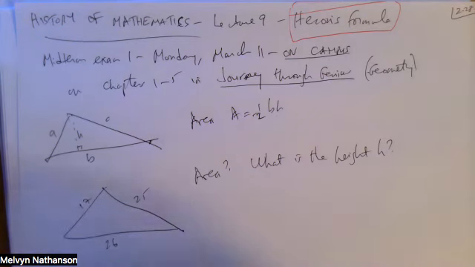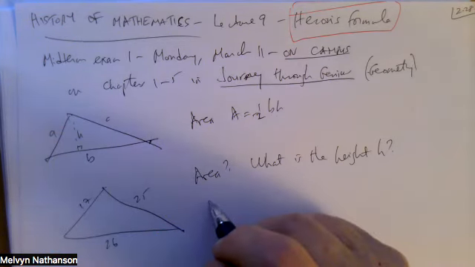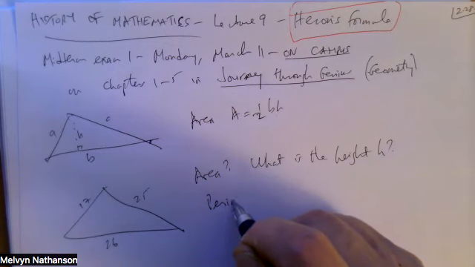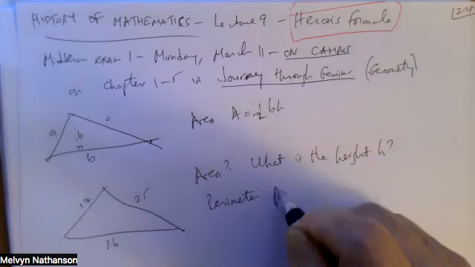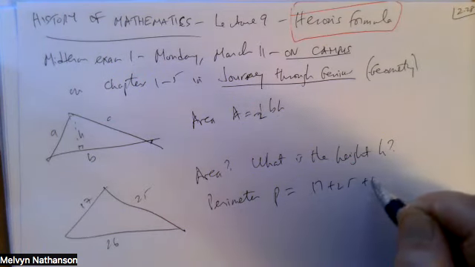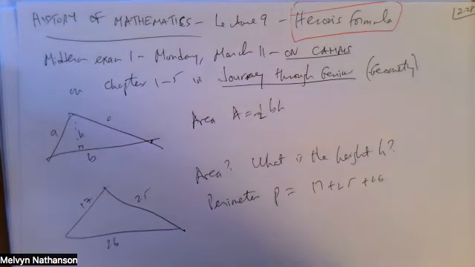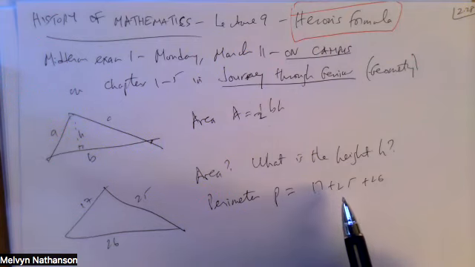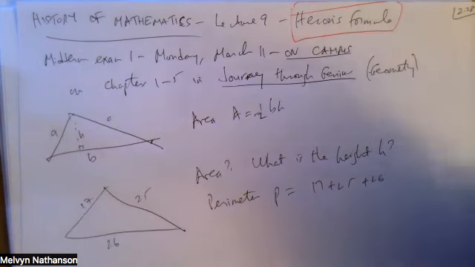Now, if you look at this triangle, if you know the sides, you know the perimeter, P, which is the sum of the lengths of the 3 sides of the triangle. Let's see, this is 42, I think this is 68.